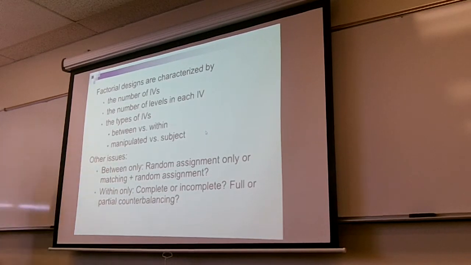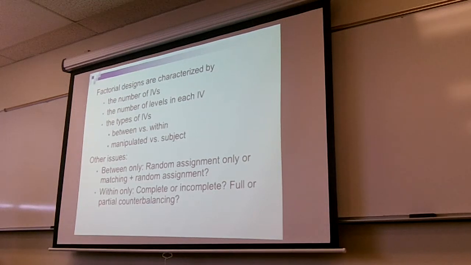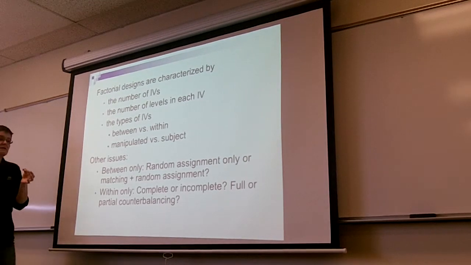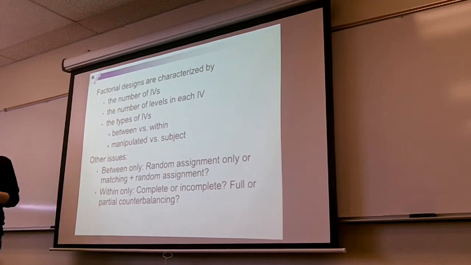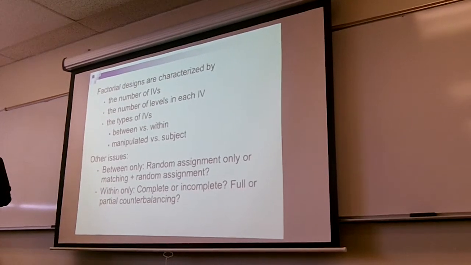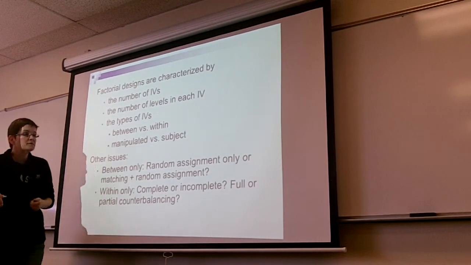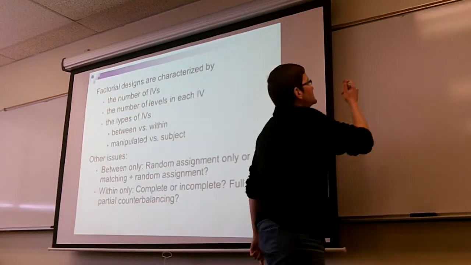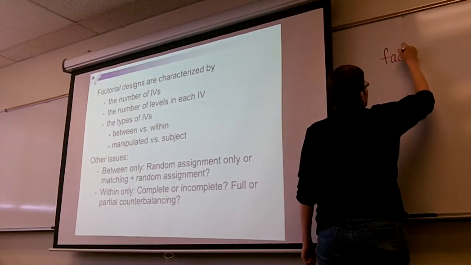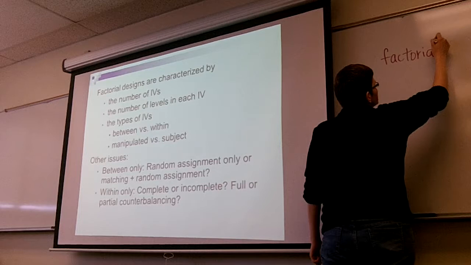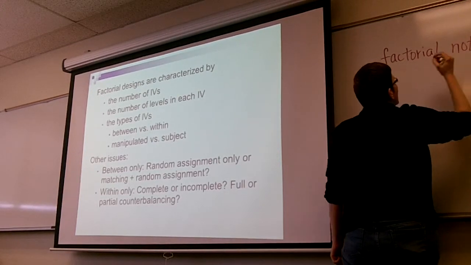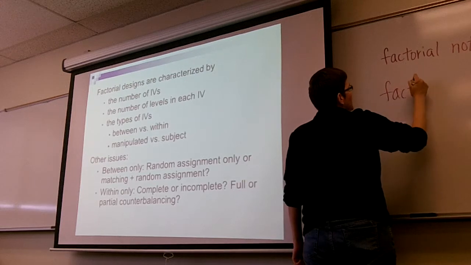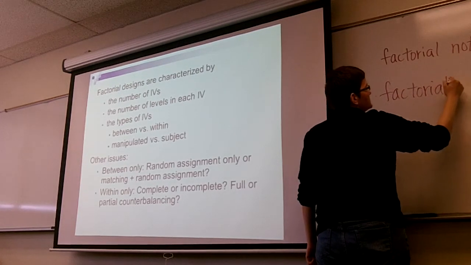So when we talk about factorial designs, we characterize them in terms of several features. First feature is the number of independent variables in the study. So we're going to talk about 2 things. One is factorial notation, and the other is factorial design.